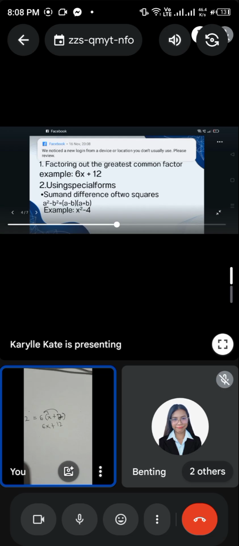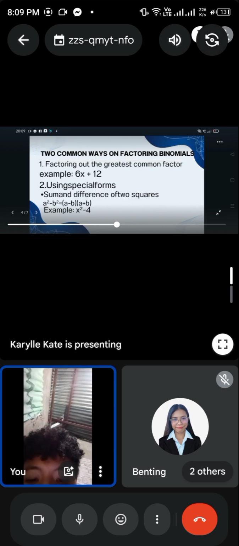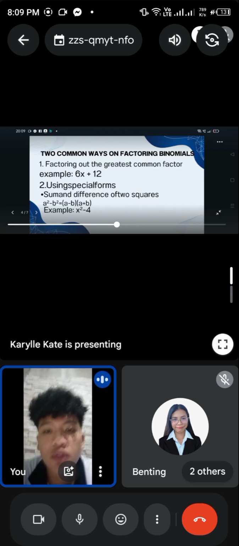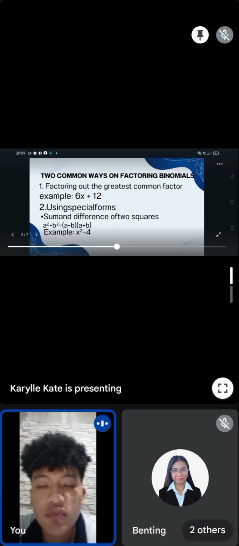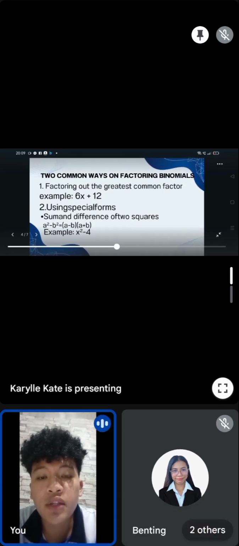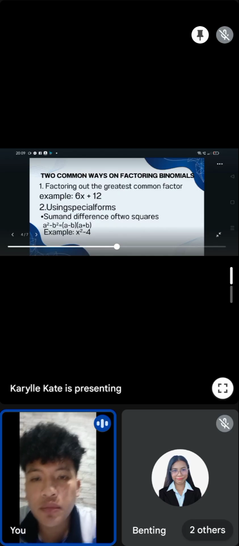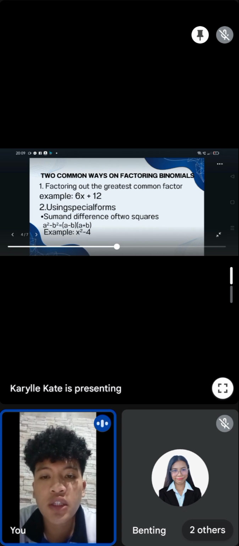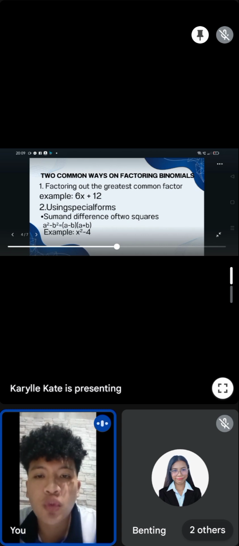The second way is using special forms. Actually, there are a lot of special forms, but the one we will be tackling today is the sum and difference of two squares.